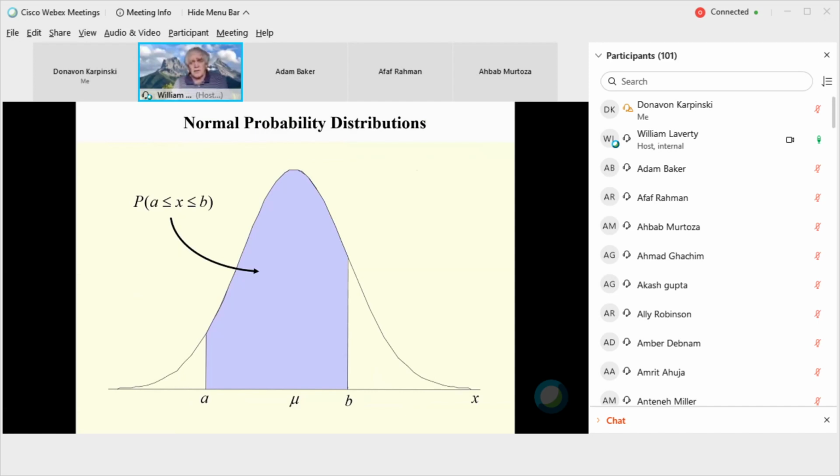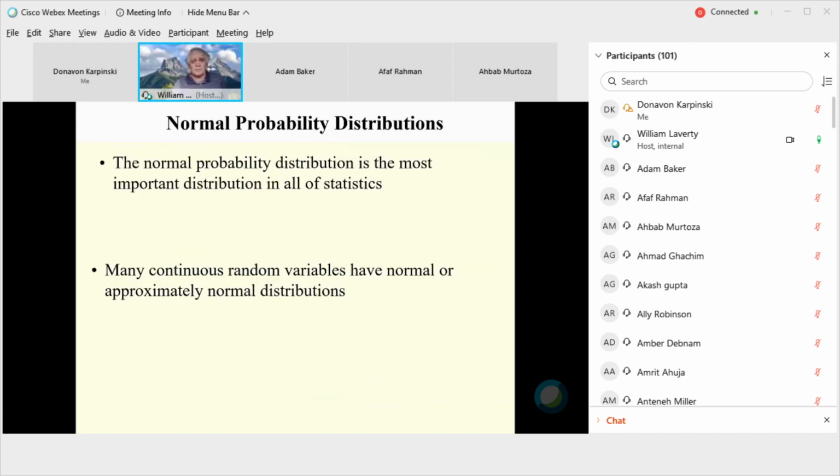So random variables that have this distribution are going to be scattered about the value of mu. If you do a histogram of data that comes from this distribution, it should be able to estimate this distribution. It's the most important distribution in statistics. Many continuous random variables will have a normal distribution or approximately a normal distribution.